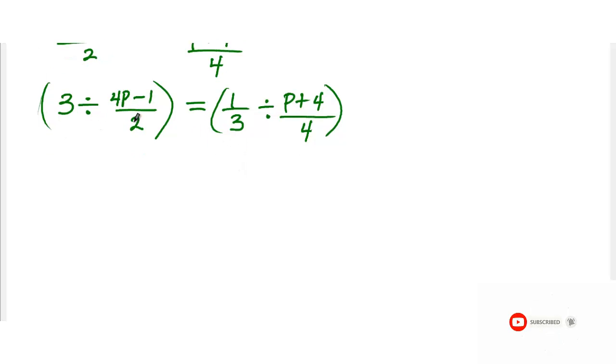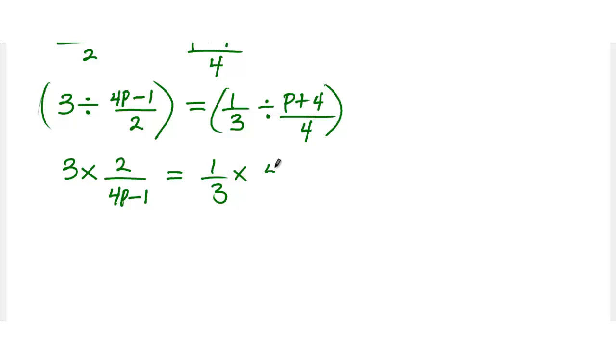So we are going to be inverting this right-hand side. So we now have 3 times 2 over 4P minus 1 equal to 1 over 3 times 4 over P plus 4.